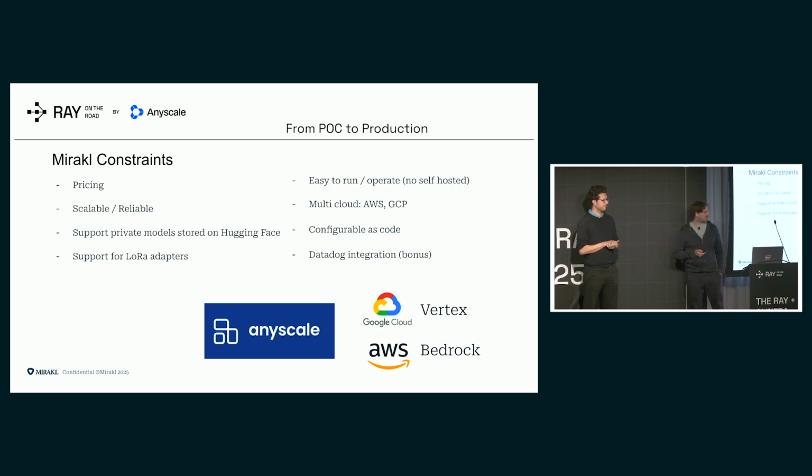For AWS Bedrock, again in 2024, the solution was quite new. The solution with Bedrock to use private models and LoRa adapters, and the pricing at that time, was not really clear. That's why we chose to do a proof of concept with Anyscale.